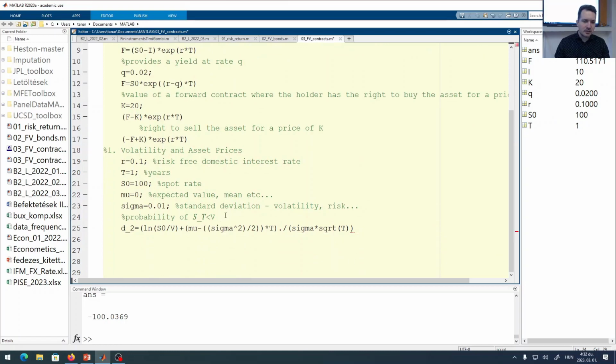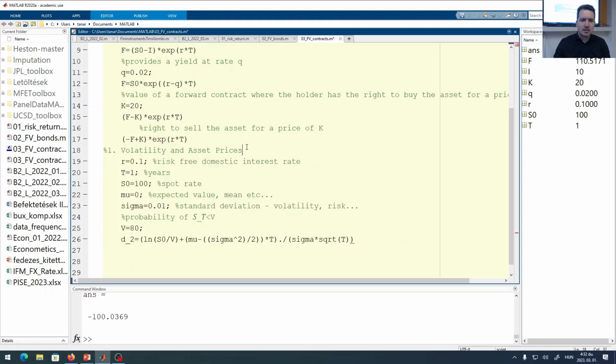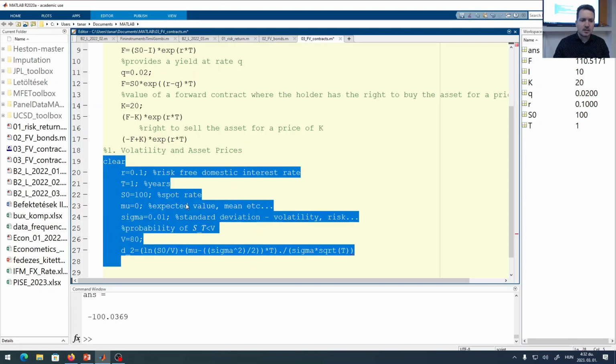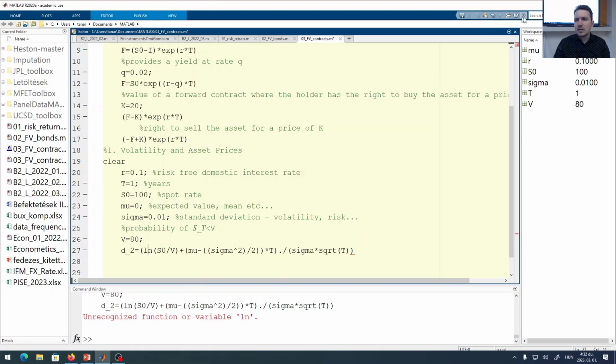Yeah, and this is the threshold, so we should introduce a threshold here. Spot rate is this one, so let's say 80 is the threshold. Then I think, what is the name of natural logarithm in Matlab?